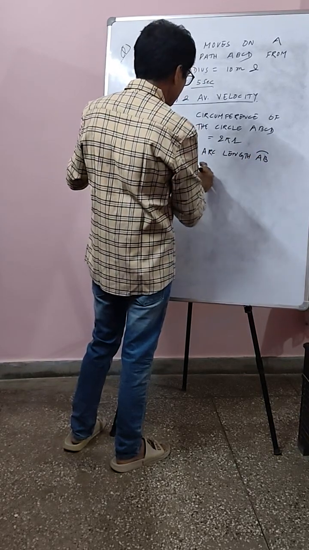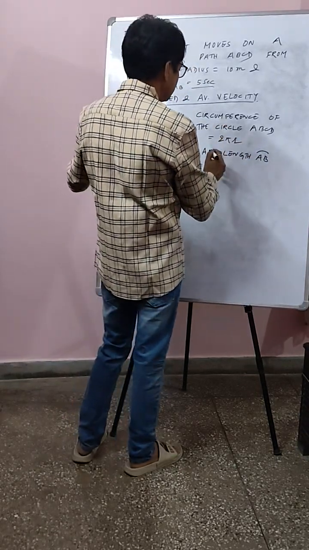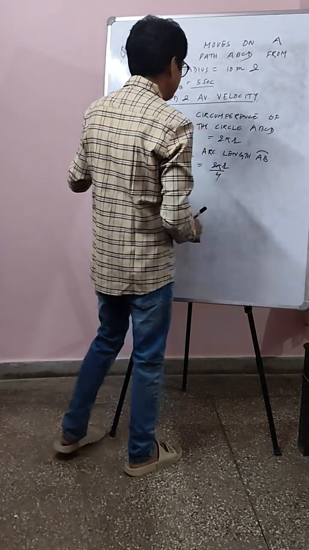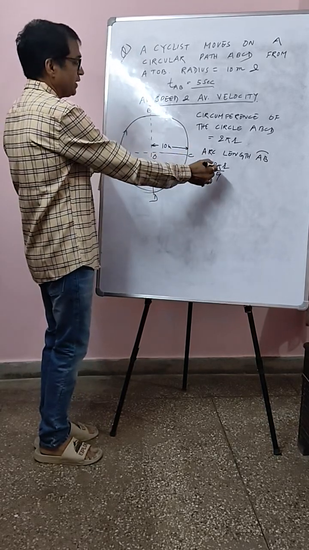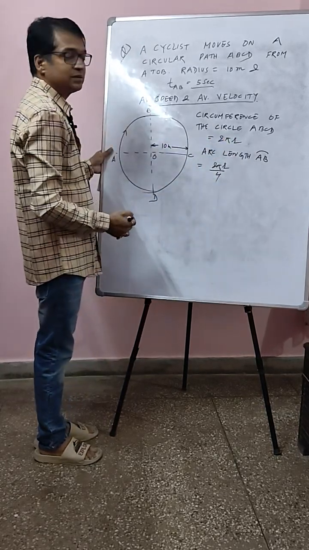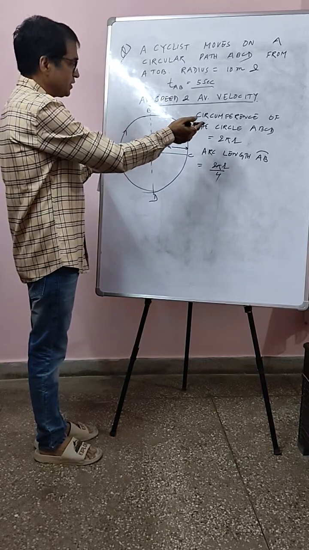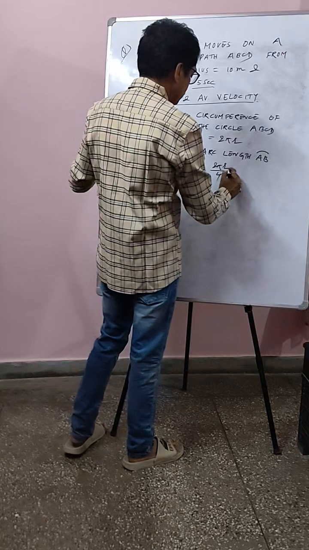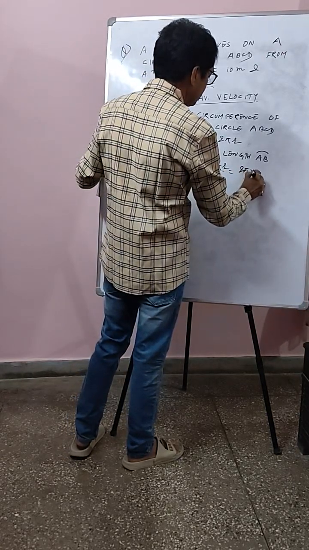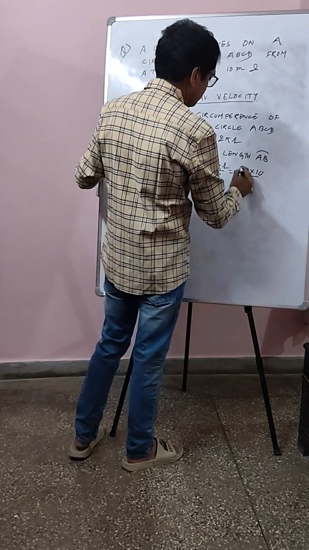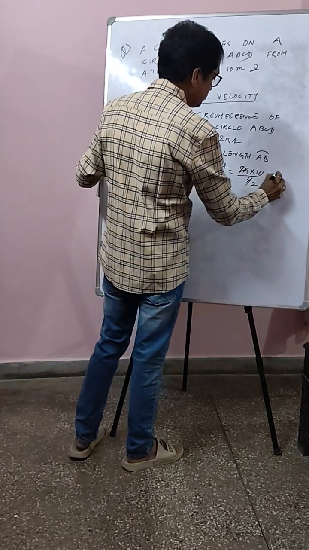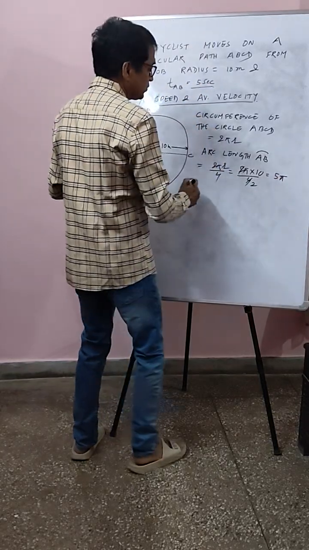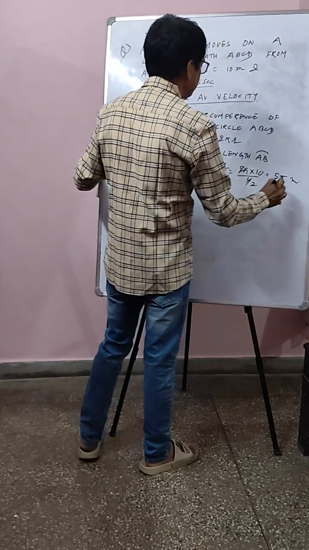Arc length AB equals 2 pi r upon 4. So 2 pi times 10 upon 4 equals 5 pi. So the arc length is 5 pi meter.